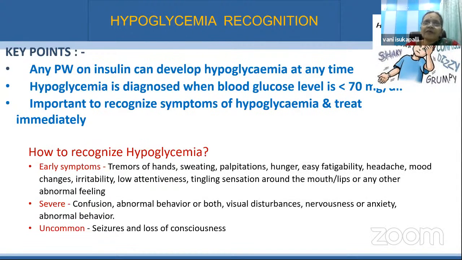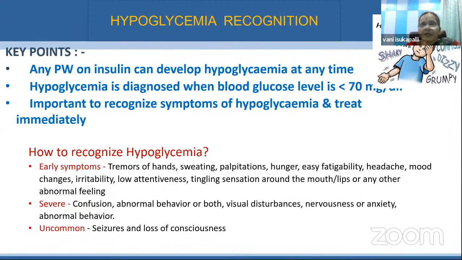And the definition for hypoglycemia is less than 70 milligram per dl. It is important for us to recognize the symptoms of hypoglycemia and treat immediately. So this is from the doctor's side. But for the patient side, how to recognize hypoglycemia needs to be educated to the woman and her family members.